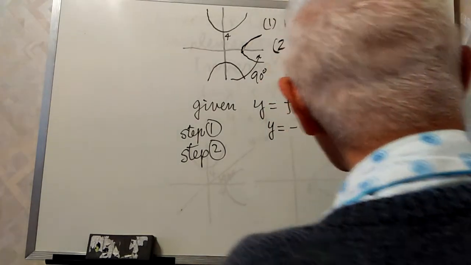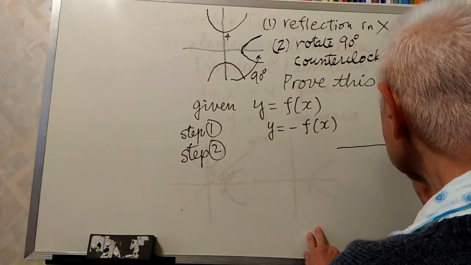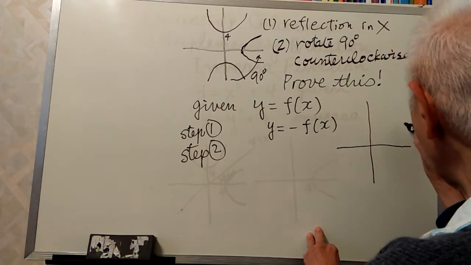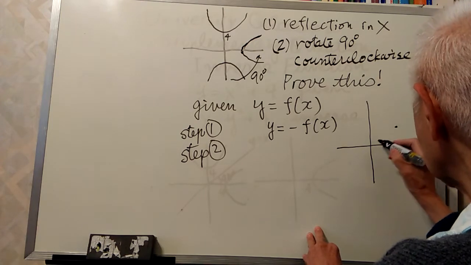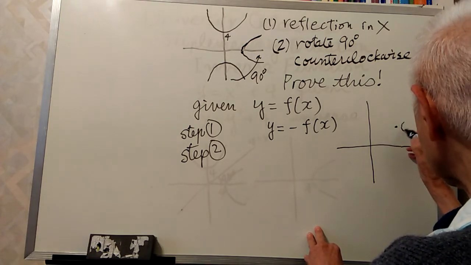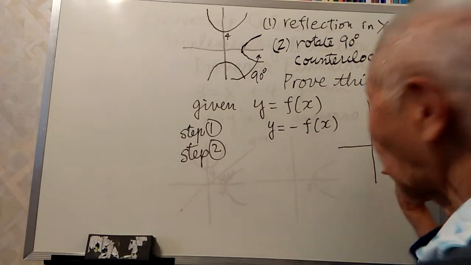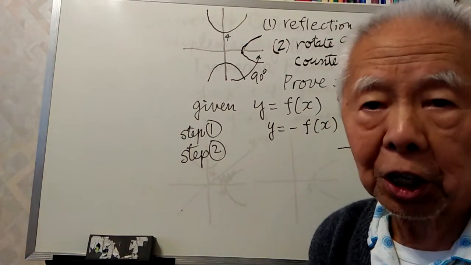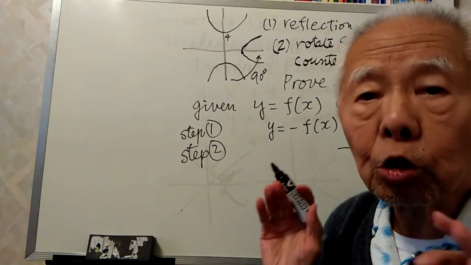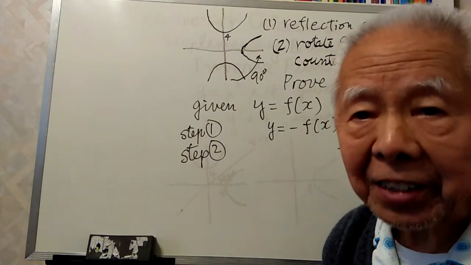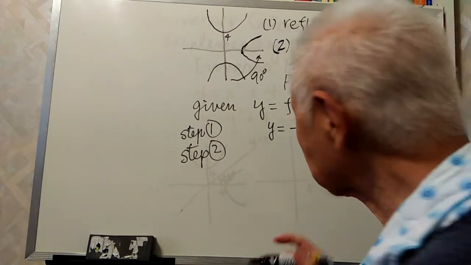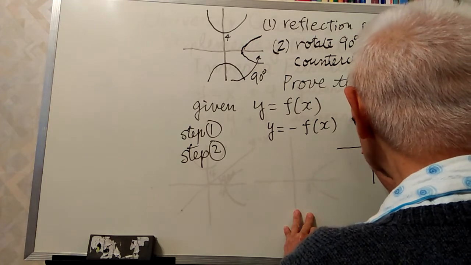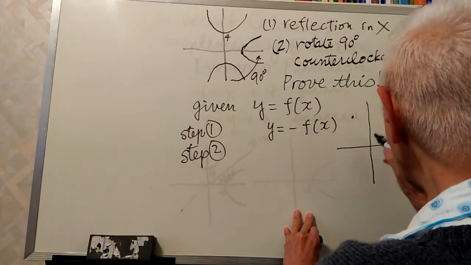Then we need to consider something. Suppose I have a point here, and this point is 2, 1. I have a point, x coordinate is 2, y coordinate is 1. And I want to rotate this point 90 degrees counterclockwise. So this point goes to here now. Somewhere here. Right?